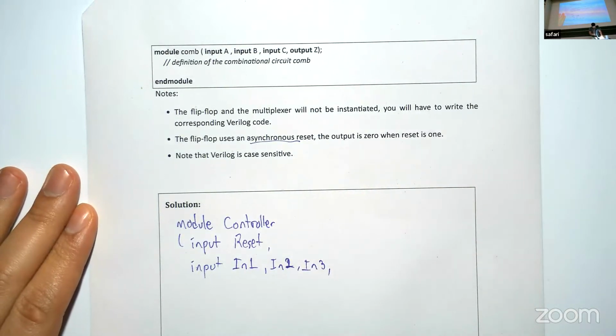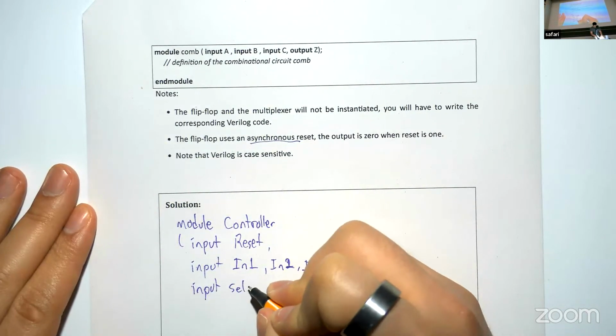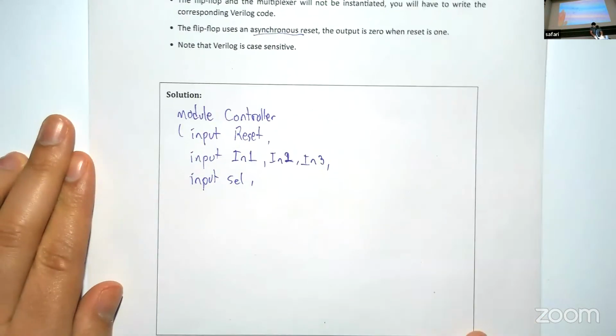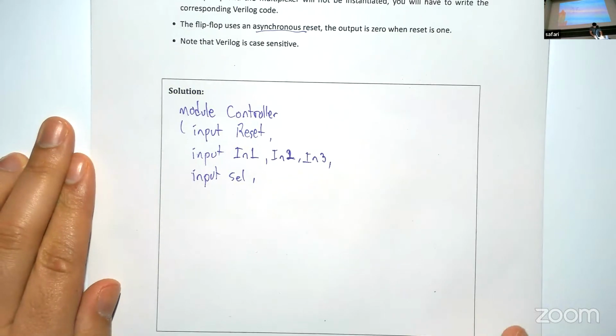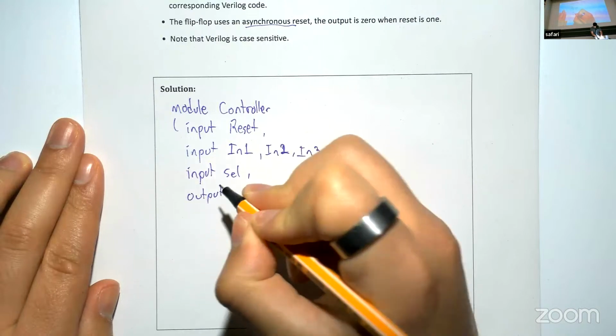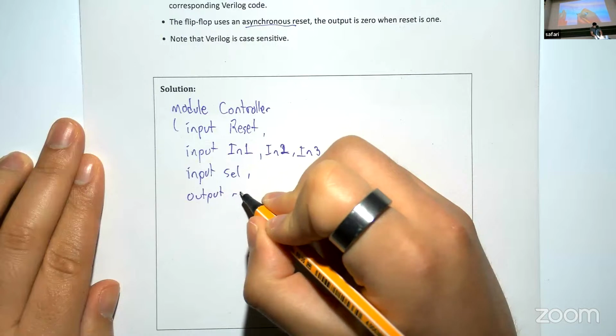Select signal. I don't think I'll be able to fit this whole module definition here, but we'll see. Can you still see this? Yes. And an output. Well, I guess we will define it as a register.